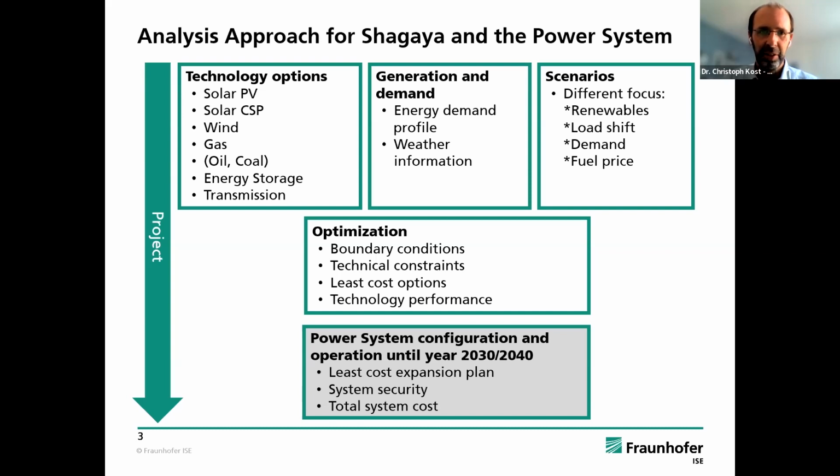Then we did an optimization, including constraints and conditions, to figure out the least cost options for the development of the Shagaya Park in combination with the total system.